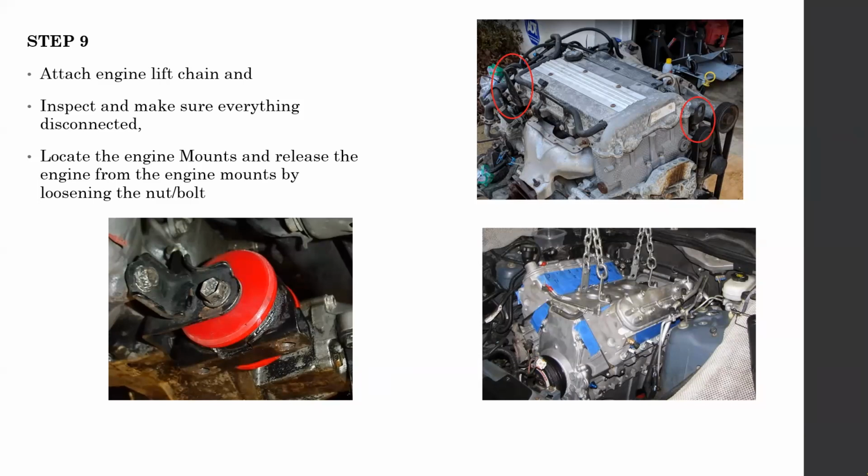Once the rust builds, the nut's inside threads and the bolt thread will be connected, or welded, or joined into one component by rusting. So what rust penetration fluid means is just a spray can.